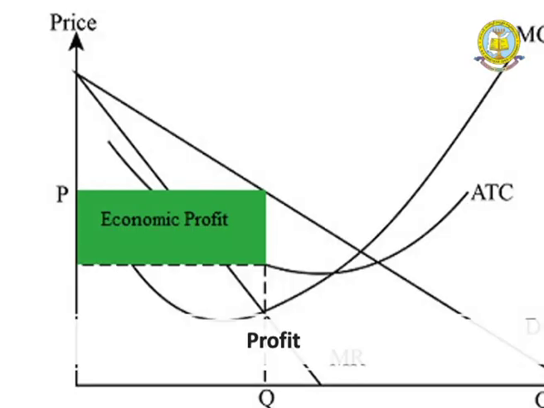So, if you look at the graph, the average total cost curve is coming down like this as you increase the output. This is the origin, the 0. From 0, if you increase the output to Q1, let us say, the average total cost curve comes down.